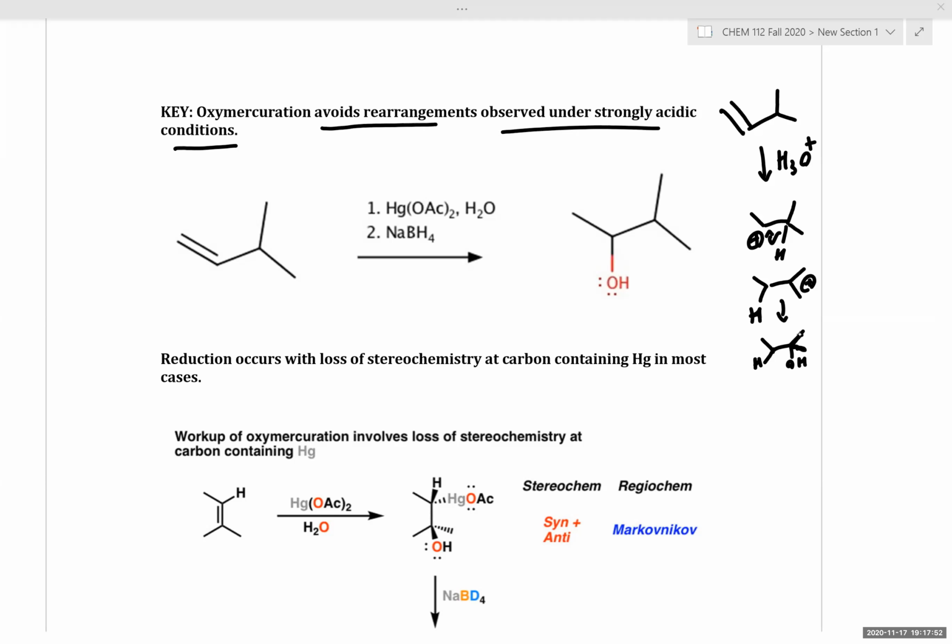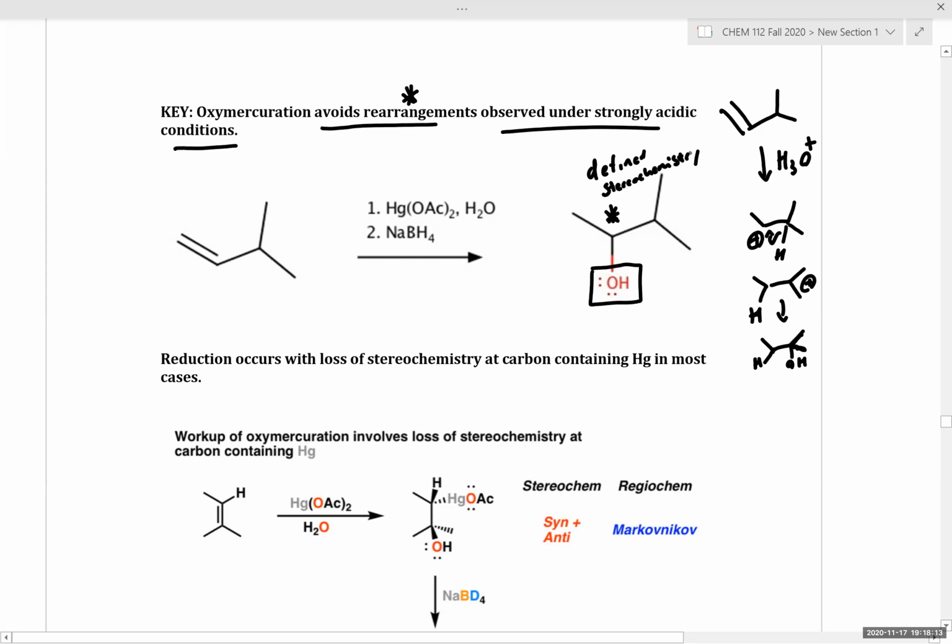So the main benefit of oxymercuration is that it avoids rearrangements. We only observe a single product. And another benefit of oxymercuration is it generates our product with a defined stereochemistry. Does everyone see the contrast between oxymercuration and olefin hydration under acidic conditions?